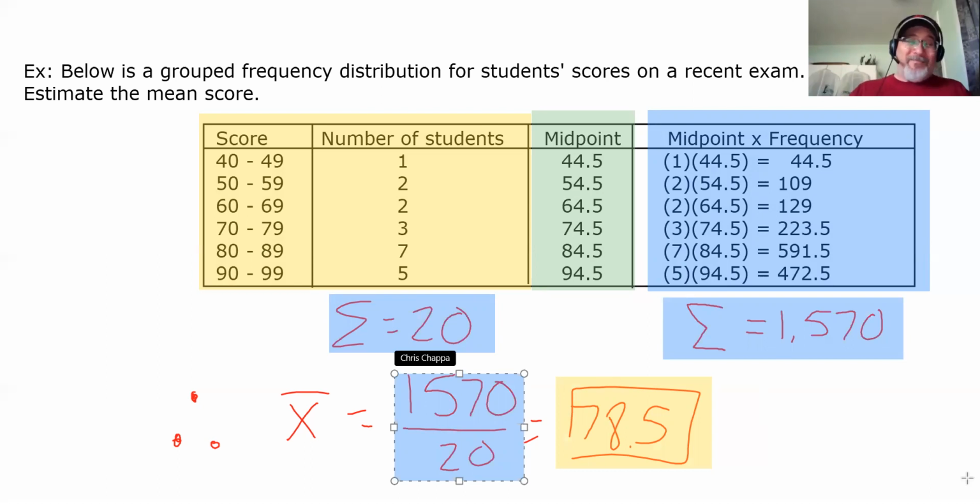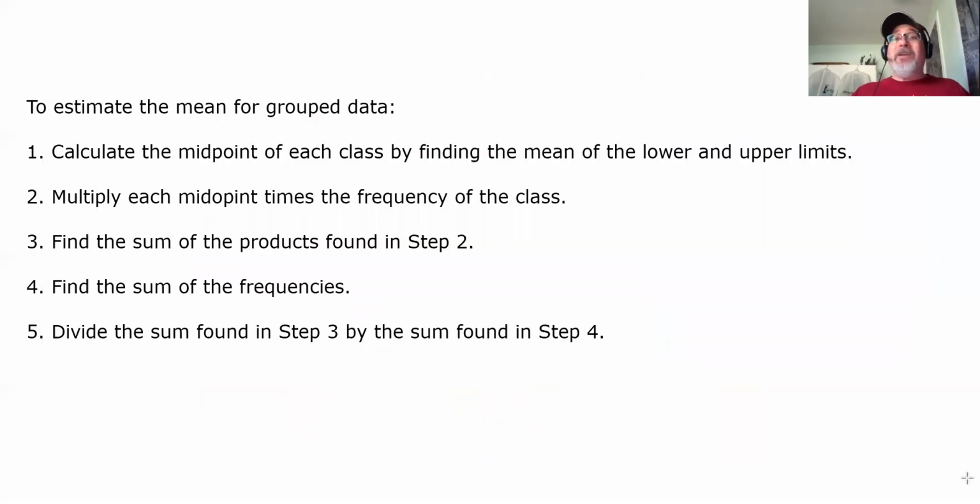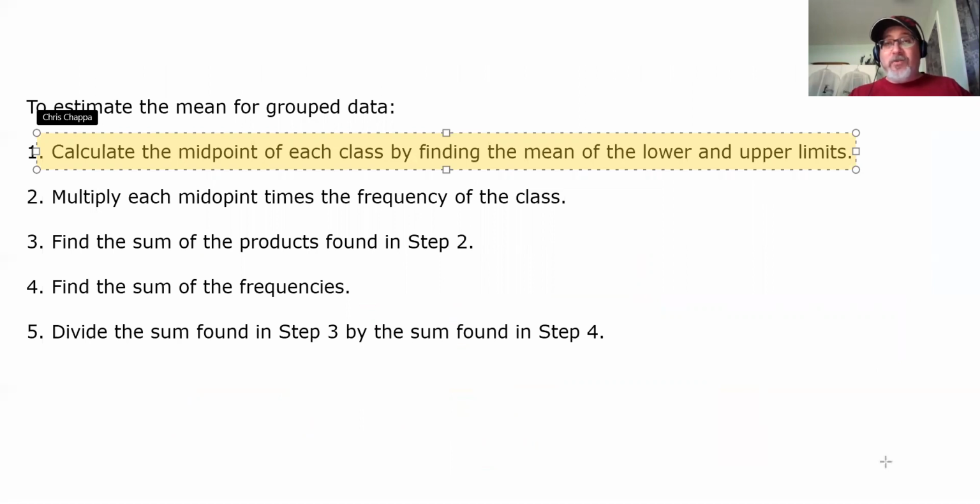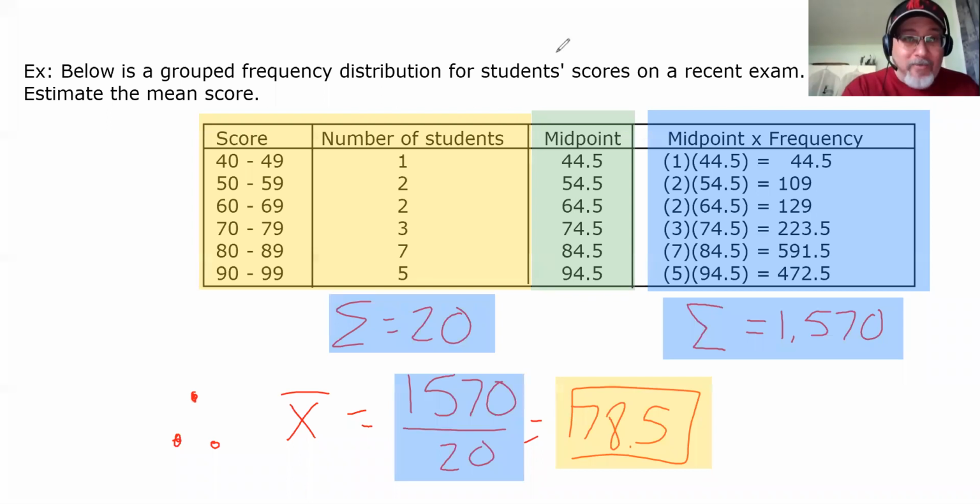So to summarize, for those who take good notes, wink, wink, nudge, nudge. To estimate the mean for grouped data, step number 1, calculate the midpoint of each class by finding the mean of the lower and upper limits. Translation: average these two numbers to get this. So do a lot of averaging of two numbers.